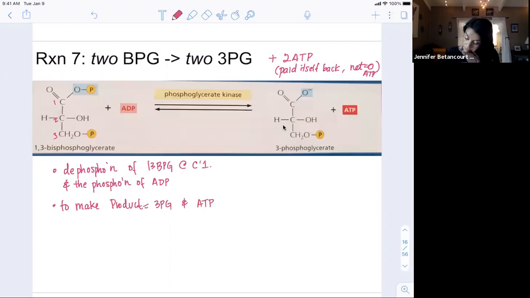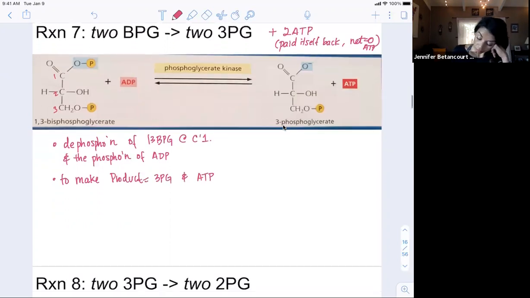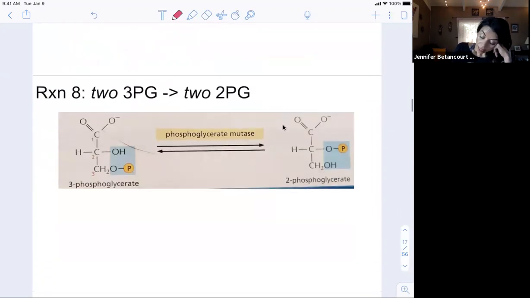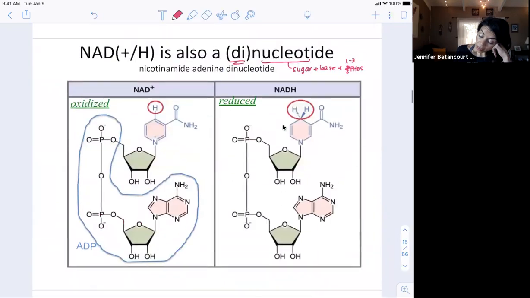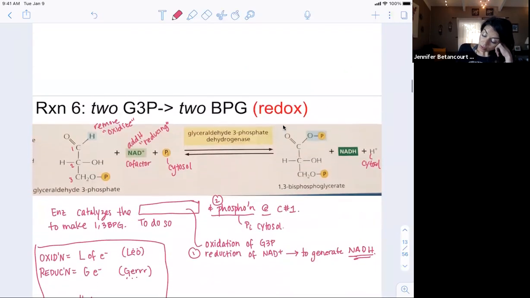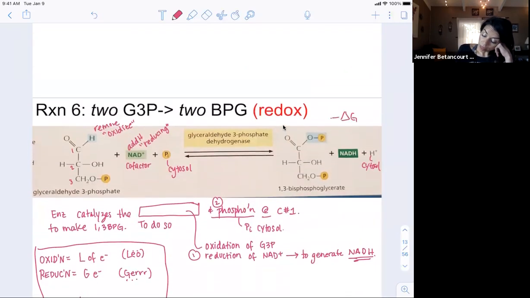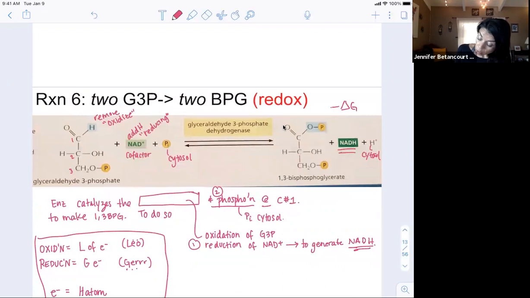Cool. Perfect. Easy. This is the exception one. You can see here, if you're making ATP, this is definitely a negative delta G. If you're making NADH, this is definitely a negative delta G reaction, right? And this actually stores a ton more energy. This reaction, anytime you make a molecule of NADH, is about 100 kcals per mole.